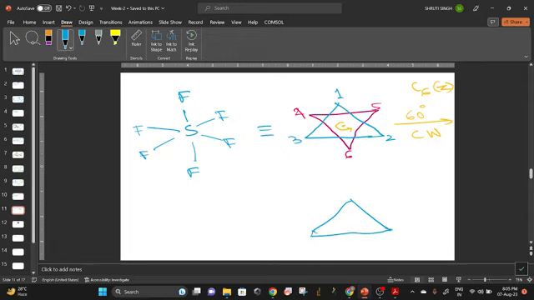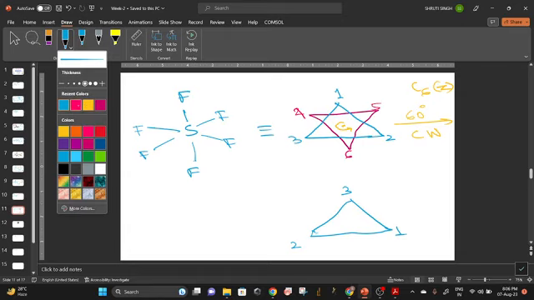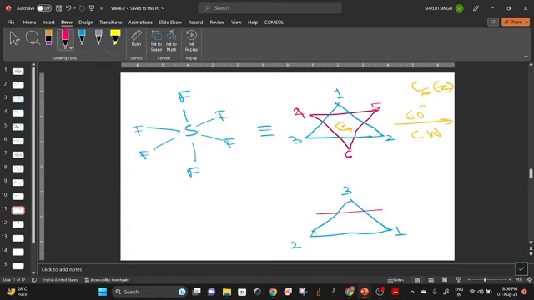For this one, in the clockwise direction, 3 will go here, 1 and 2, and this purple triangle will be 6, 4 and 5.